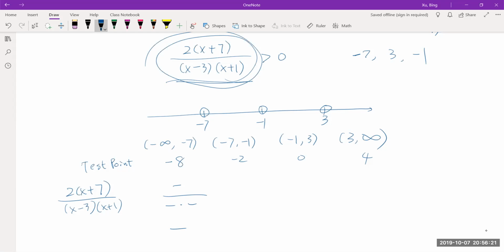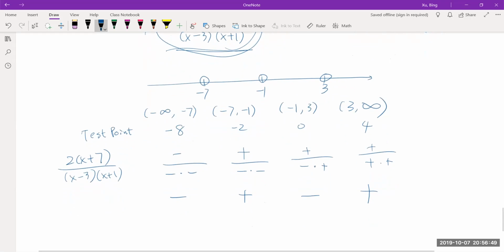Plug in negative 2, positive over negative times negative. So positive. 0, positive over negative times positive. So overall negative. Here, plug in 4, positive over positive times positive, overall positive.